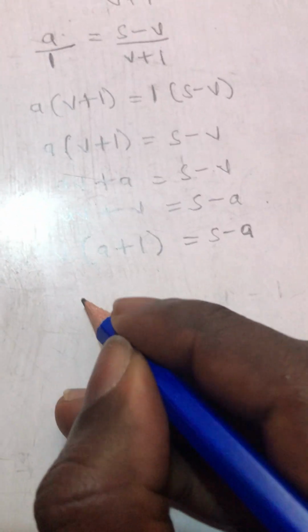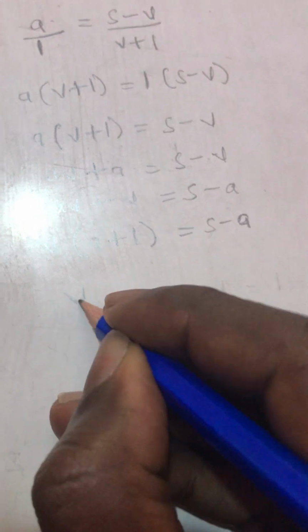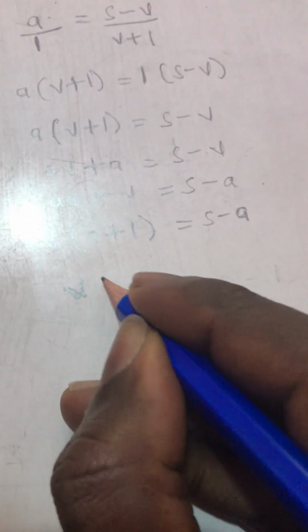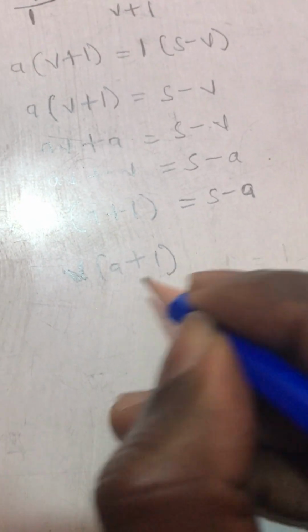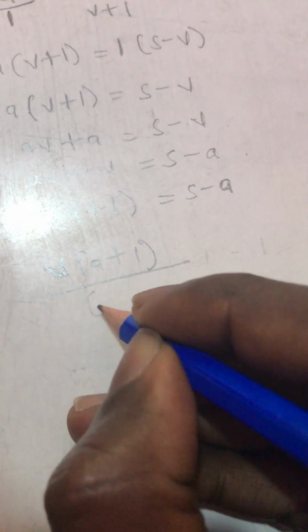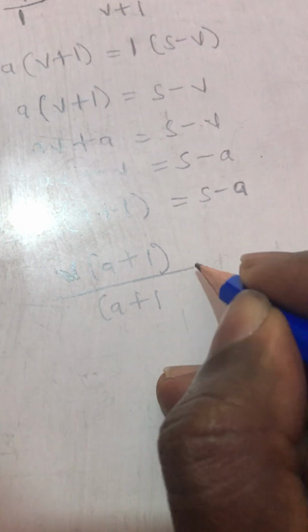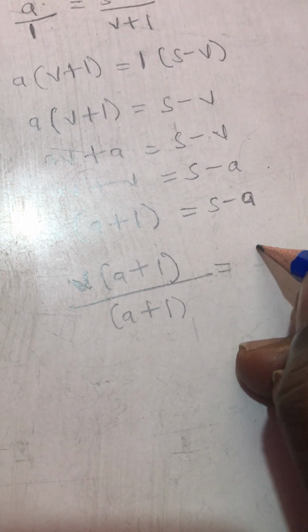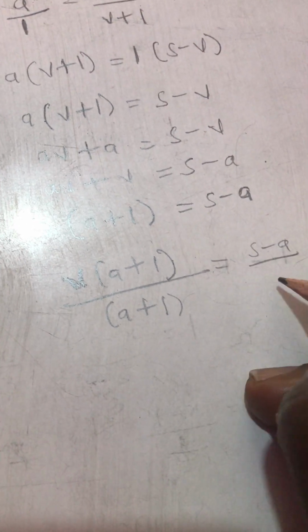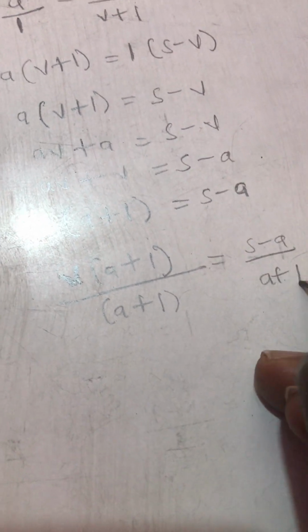So we are going to have our equation to be v multiplying (a plus 1) divided by (a plus 1) equals the fraction (s minus a) over (a plus 1).